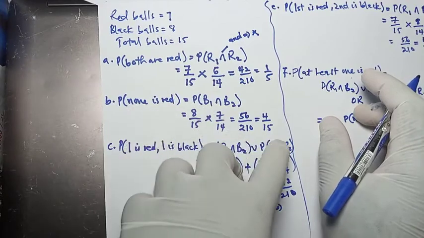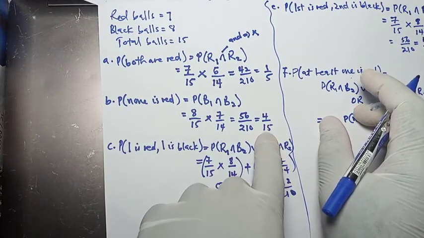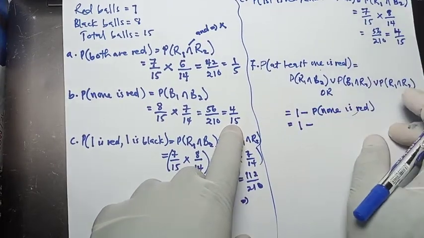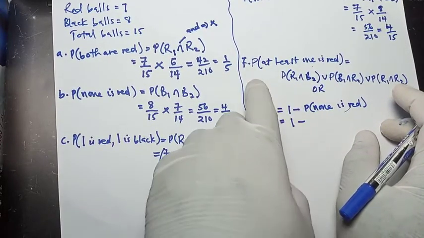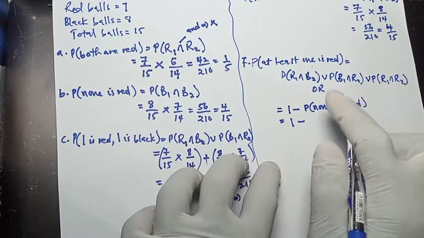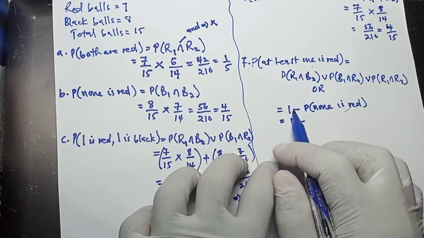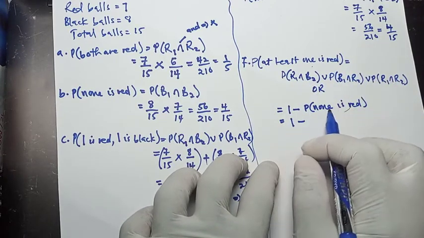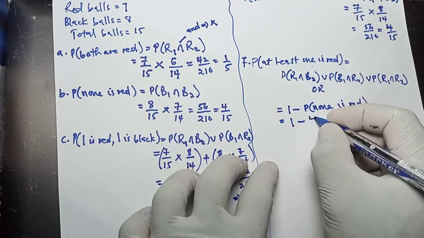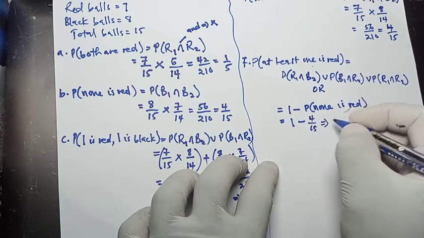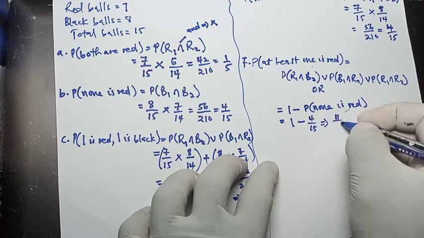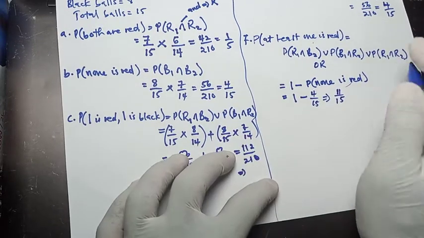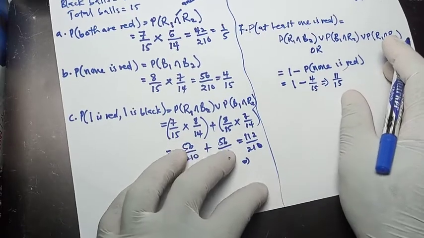None is red. We had the answer to what? 4 on 15. So you can just subtract it from 1, and that will be the at least 1. So in short, don't waste your time using this. Whenever you see at least 1, just use 1 minus none. So this is 4 on 15, and this will give us what? 11 on 15. Now when you use this method, you still get the same answer.